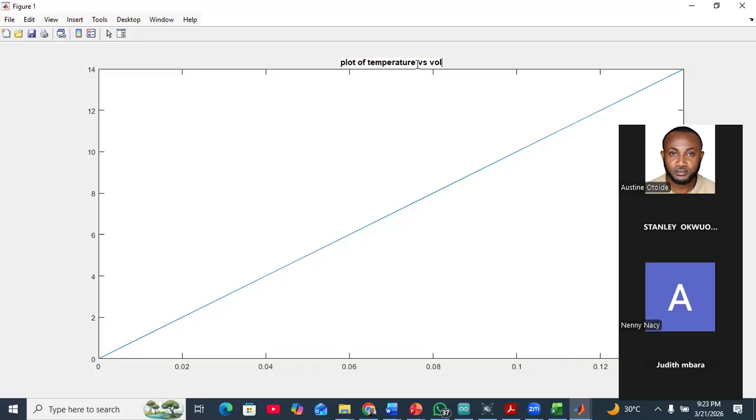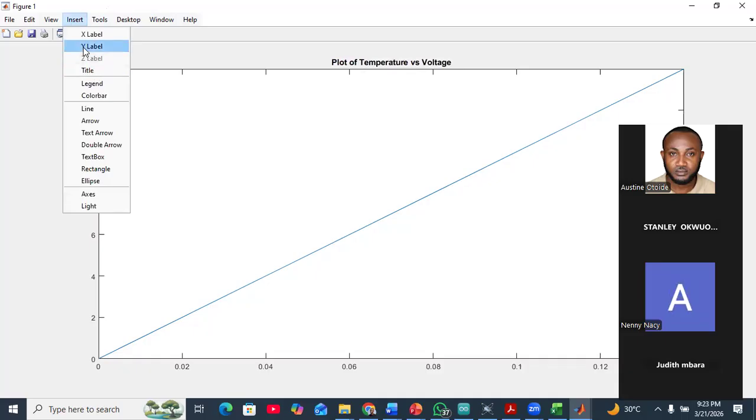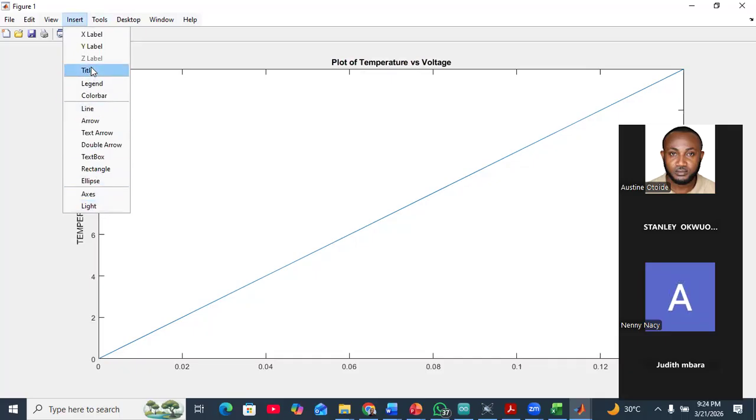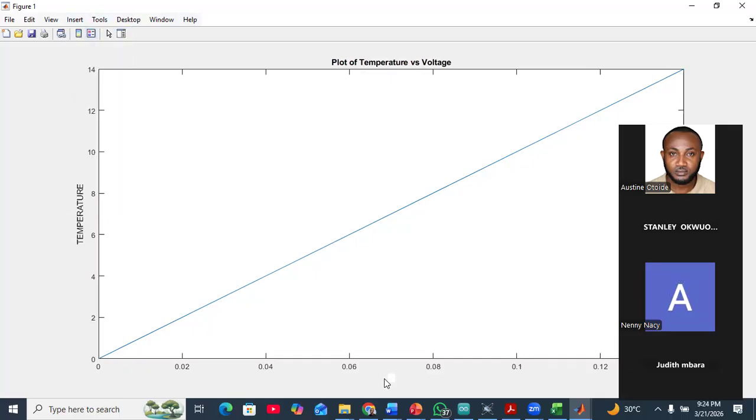You can edit it: plot of temperature versus voltage. So you insert your Y label, this is temperature, and you insert your X label. This is what now? Voltage, right?